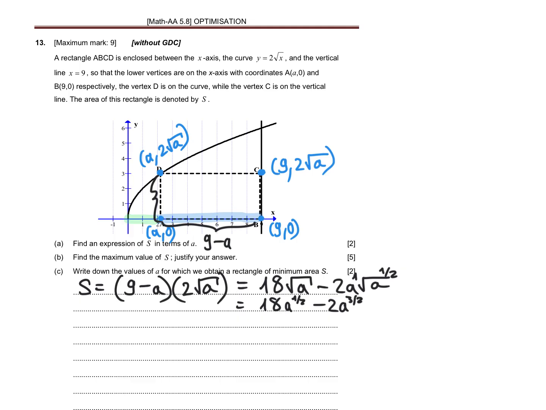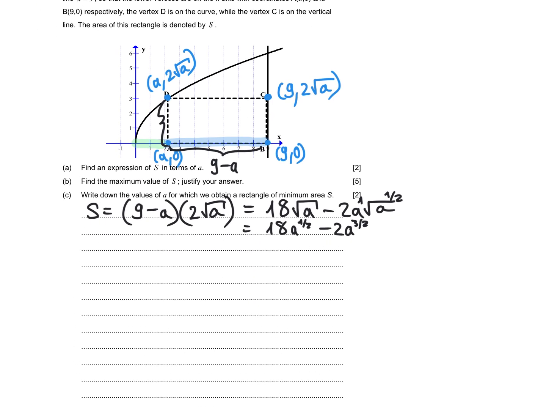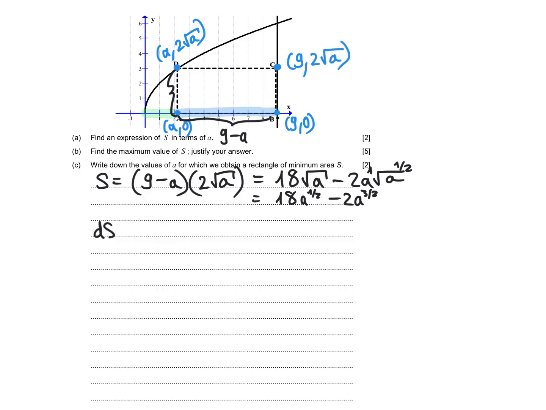Find the maximum value of S. Okay, so we need dS/dA. So we're going to have 1/2 times 18, which is 9, A to the negative 1/2 when we subtract 1 from the exponent. And then we're going to have minus 3, 2 times 3/2 is 3, A to the 1/2 when we subtract 1.